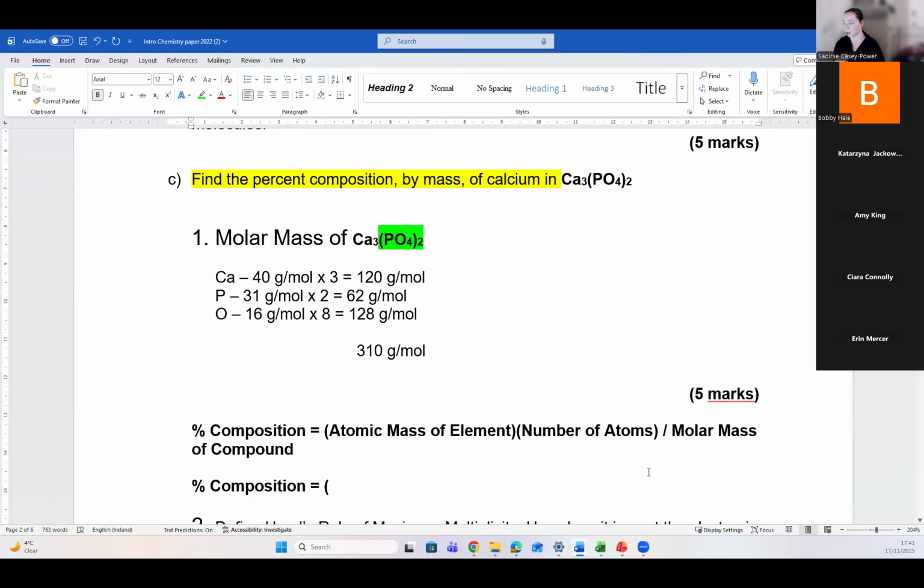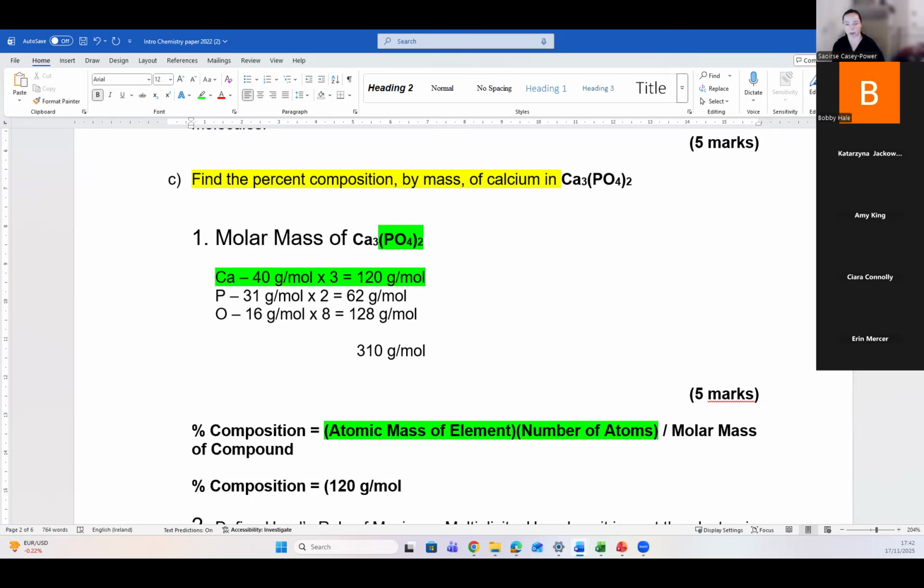In terms of the top of that equation, we've actually already calculated that up here. For calcium, our 40 grams per mole is our atomic mass, multiplied by the number of atoms, which is 3, to give us 120 grams per mole. So that's what I'm going to fill in there.